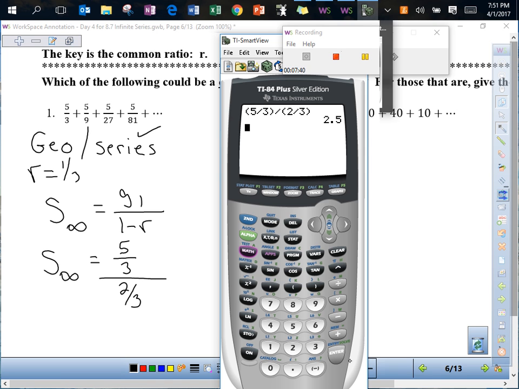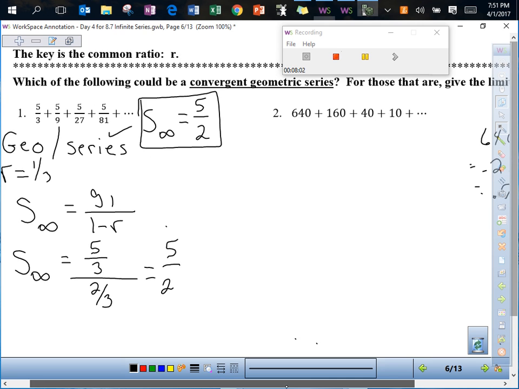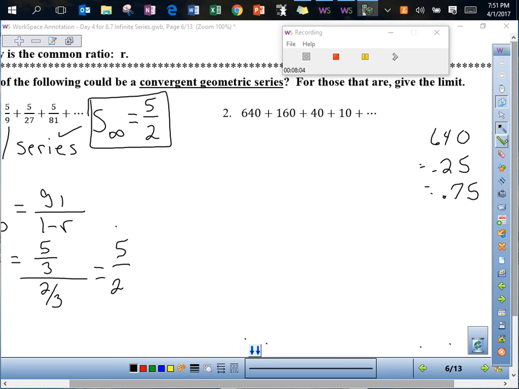Math enter, in case it's an ugly decimal, tells me this sum is going to be 5/2. So I'm going to come up here and say the sum as we go to infinity is going to approach 5/2. But the key thing there, guys, you got to make sure that it's geometric. So I'll use my calculator off and on as we go today.